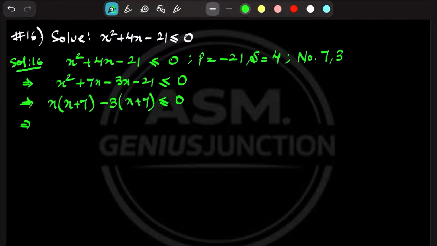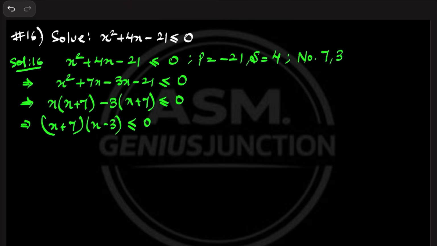Now we are getting x plus 7 and x minus 3 as the two factors of this given quadratic. As we know, the product of two numbers being less than or equal to 0 is possible if they have opposite signs. That is, if x plus 7 is greater than 0, then x minus 3 should be less than 0.